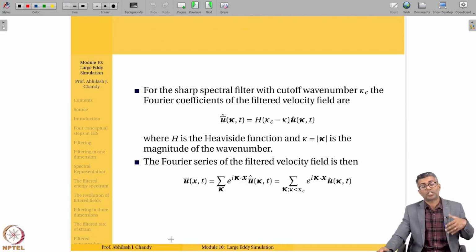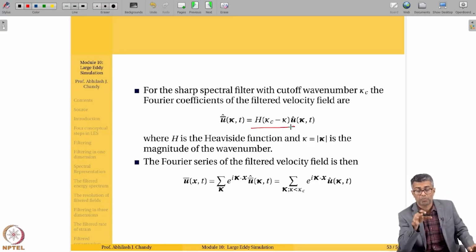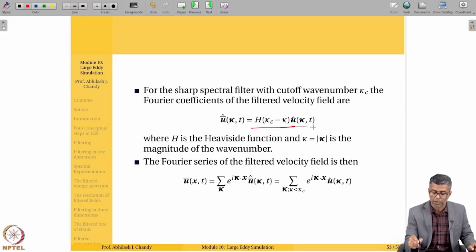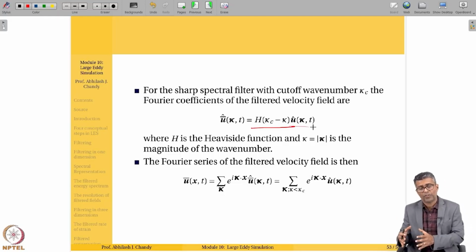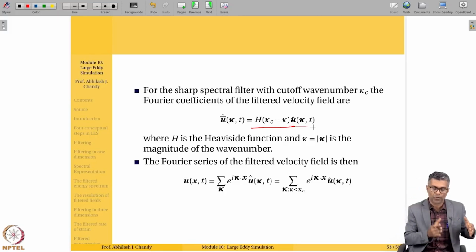Okay, now for a sharp spectral filter, your u bar hat is essentially the Heaviside function. The sharp spectral filter in wave number space is the Heaviside function multiplied by the u hat, isn't it? You take your DNS field and multiply it by the Heaviside function, and you essentially get your filtered velocity field in wave number space.